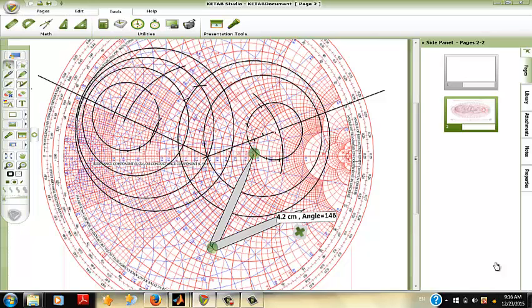Now this point will occur the maximum gain for the load.